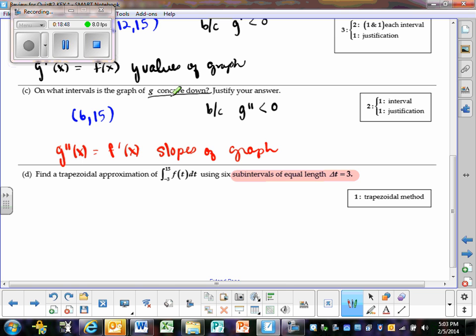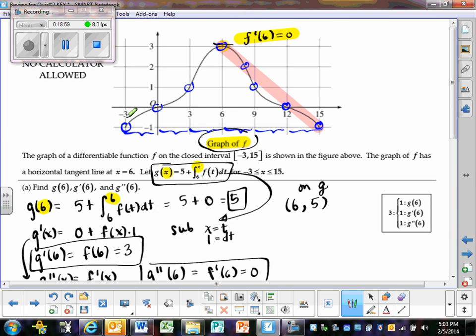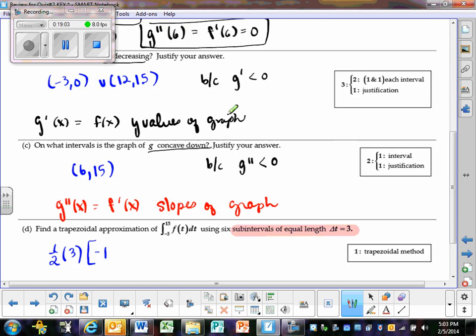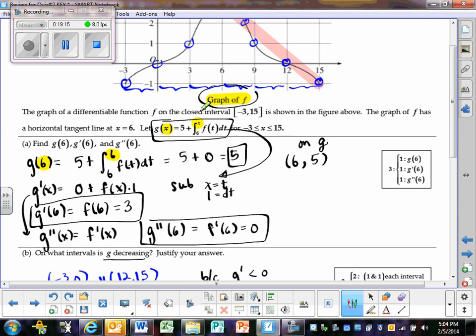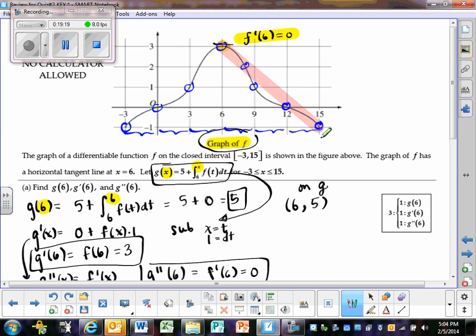So we have to do 1/2 our delta t, which they told us is 3, 1 of the first, which is -1, and we can look at our graph, double all the middles, and 1 of the last point. So again, we're doing 1 of each endpoint because they're fixed delta x's.